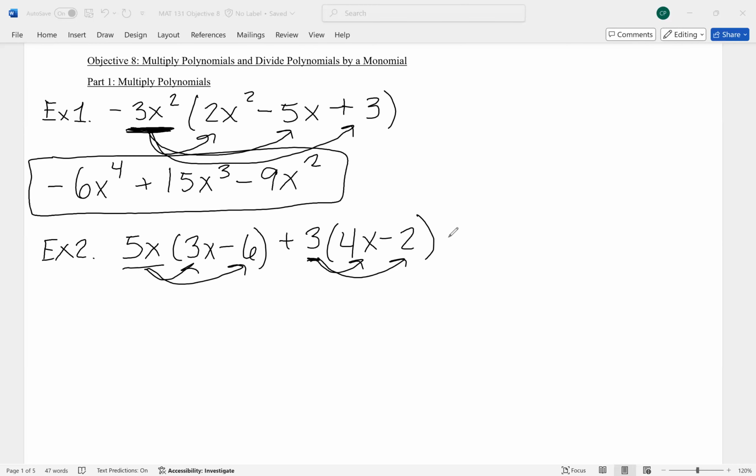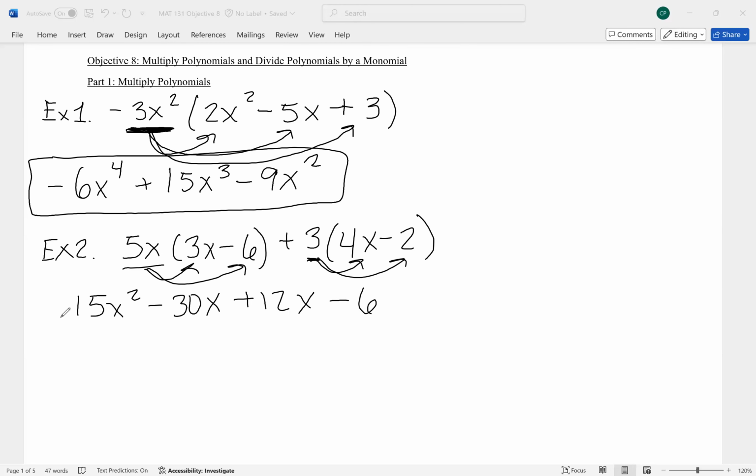And when we're done, we should have 4 terms in all. So 5x times 3x is going to be 15x squared. 5x times negative 6 is going to be negative 30x. 3 times 4x is going to be plus 12x. And 3 times negative 2 is going to be minus 6.